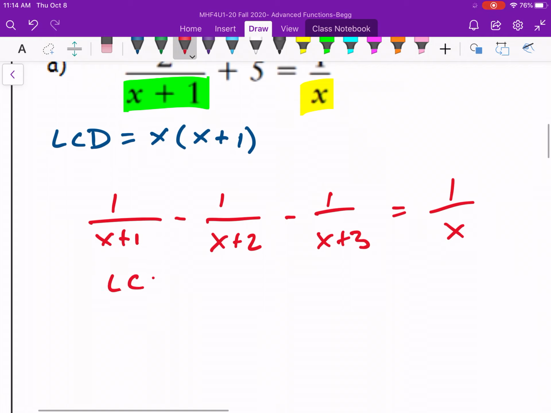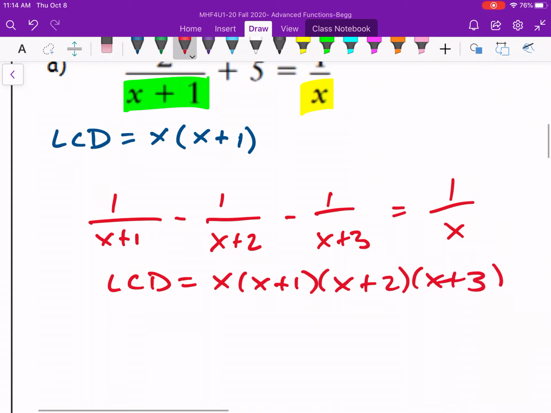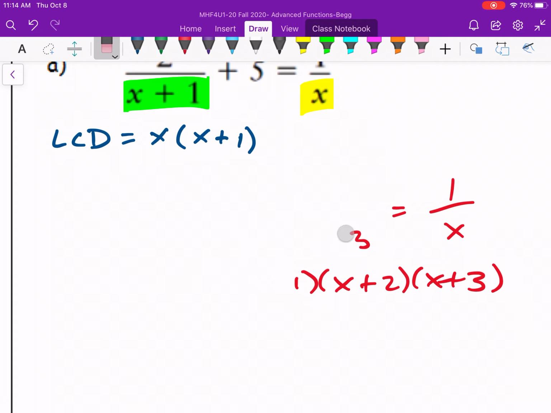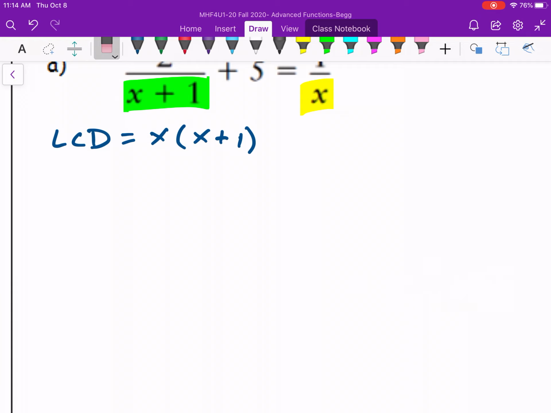In this case, the LCD would have to be x times x plus 1 times x plus 2 times x plus 3. That's going to be really ugly, but we're not going to do that. I just wanted to use that as an example. What you need to understand is you must multiply each different denominator together and not assume things like, oh, x goes into x plus 1, because it does not. So that's my word of warning.